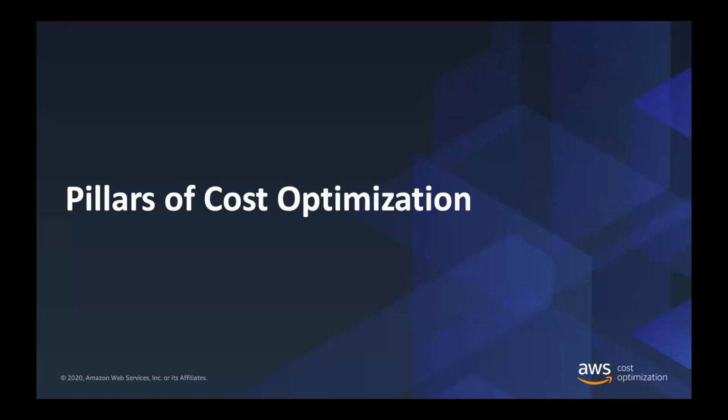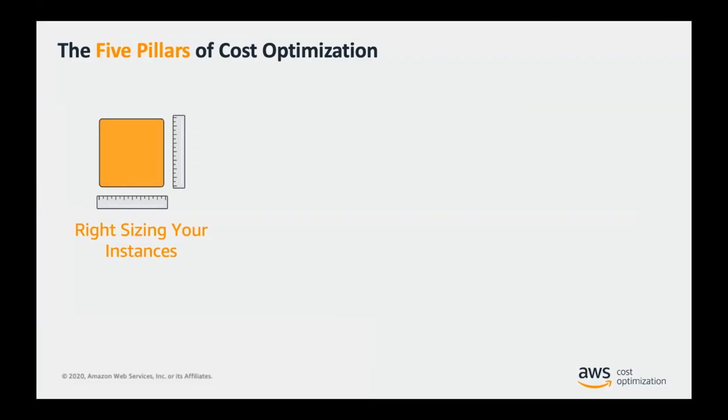So with that, let's look at what are the pillars of cost optimization. We've identified 5 pillars of cost optimization. Right sizing, basically getting the right instance size for your workload.